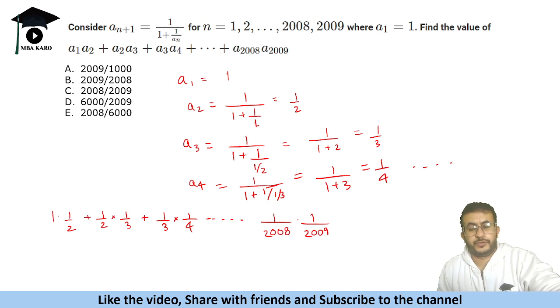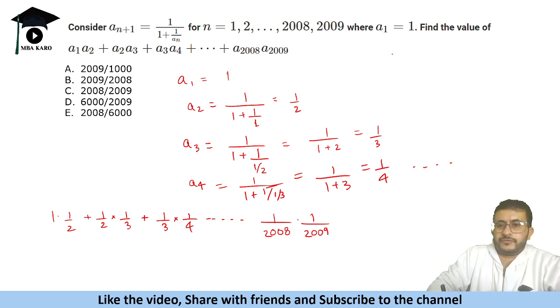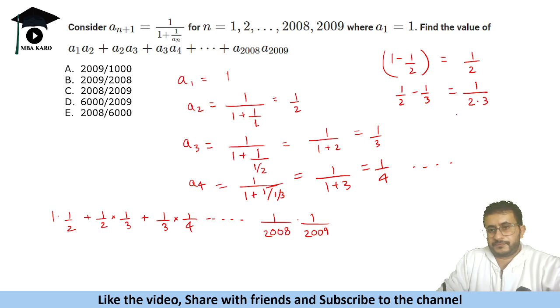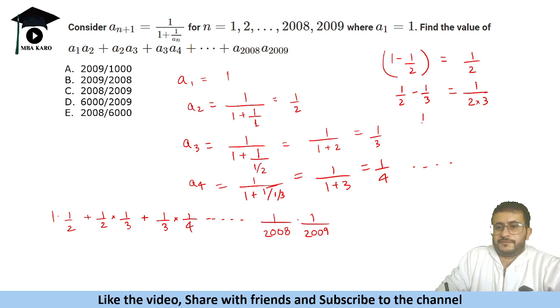Now let us notice this thing, that if I do 1 minus 1 upon 2, that becomes 2 minus 1, that is 1 upon 2. Okay. If I do 1 upon 2 minus 1 upon 3, that becomes 3 minus 2 is 1, 1 upon 2 into 3. If we do 1 upon 3 minus 1 upon 4, this becomes 4 minus 3 is 1 upon 3 into 4.